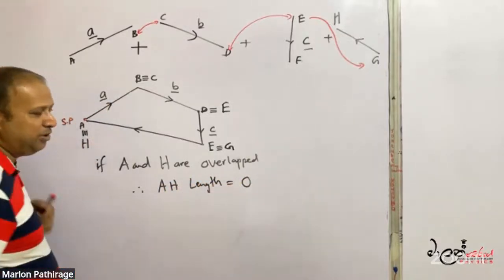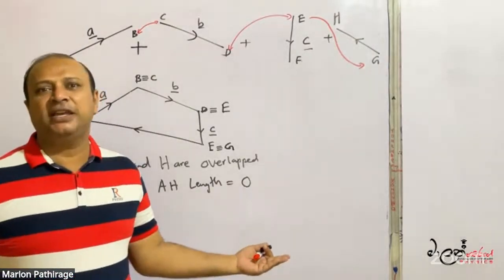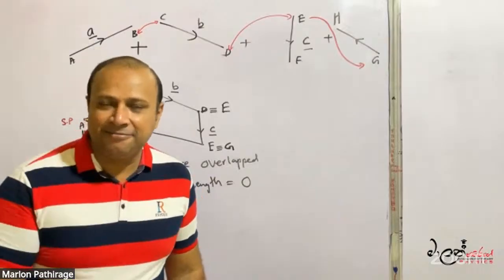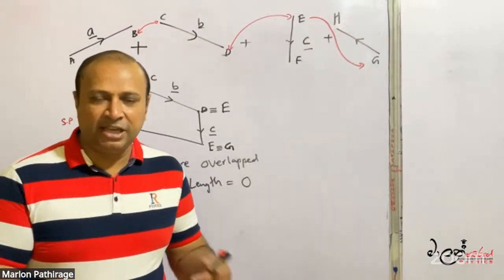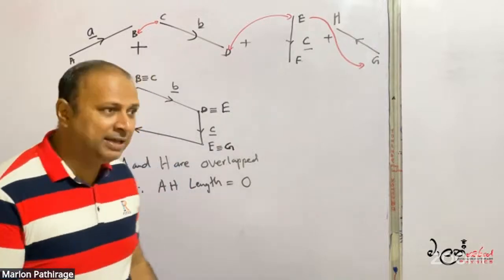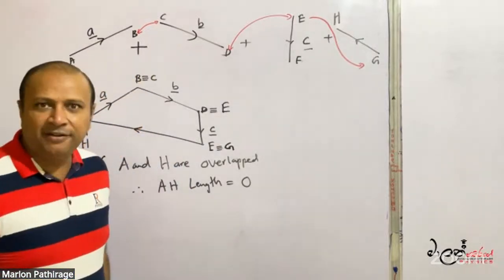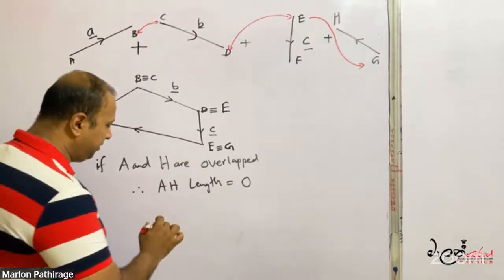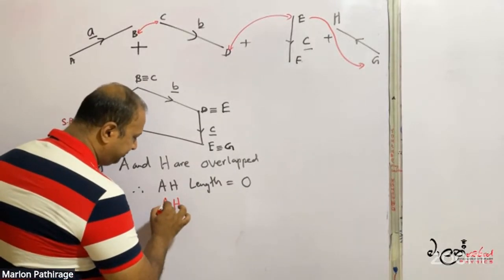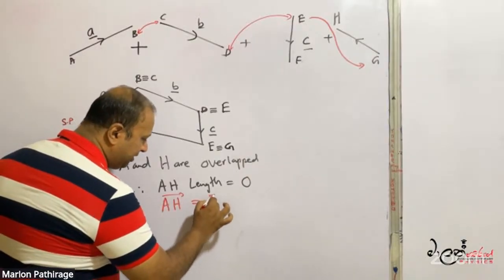Because A and H overlap, there is no line segment. That means in such cases, the AH line segment is equal to the resultant force.